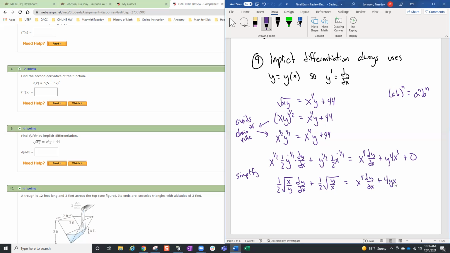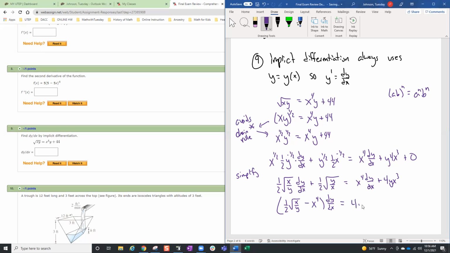plus 4yx cubed. So now I'm going to get all of these dy/dx's on the same side, and anything without a dy/dx, I'm going to take to the other. So we have 1/2 the square root of x over y minus x to the 4th that are all times dy/dx. I've moved this one over and factored out the dy/dx all at the same time.